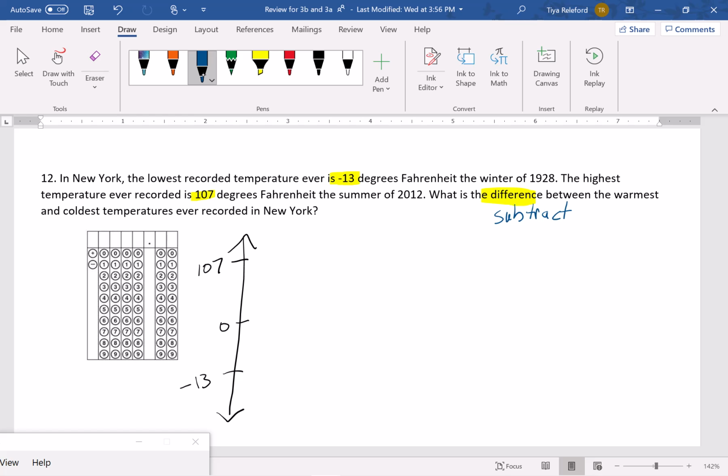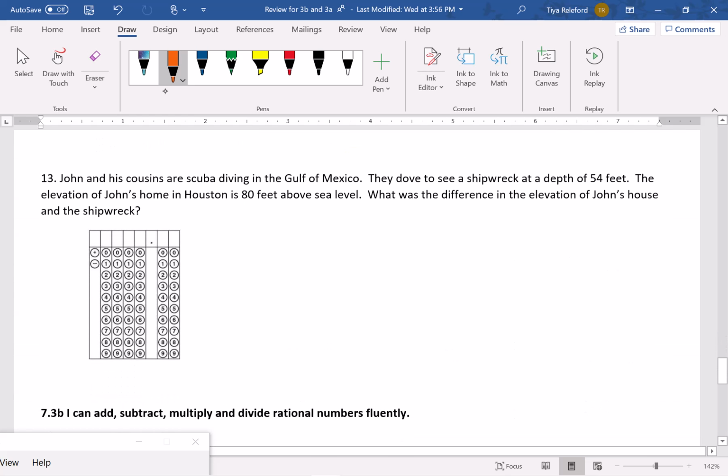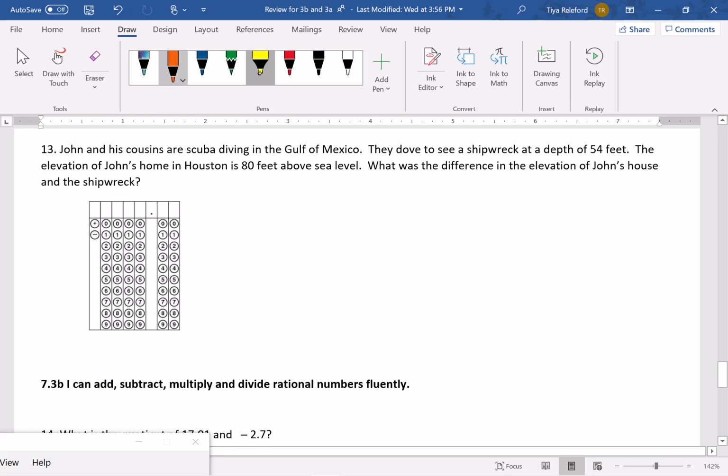So you are actually subtracting 107 minus negative 13. If you think about it, from here to here is how far, and from here to here is how far. This is a very far difference between positive 107 and negative 13. You are adding those.